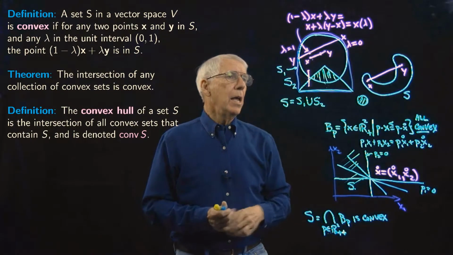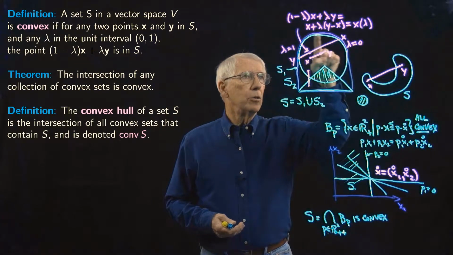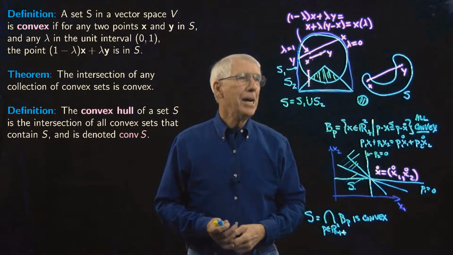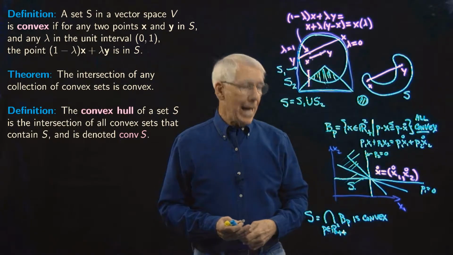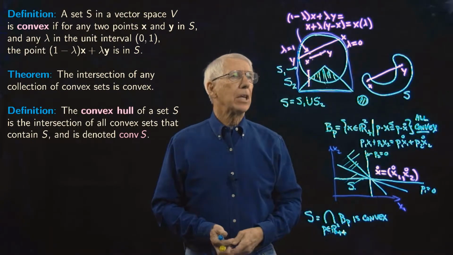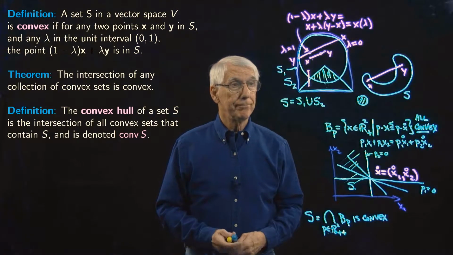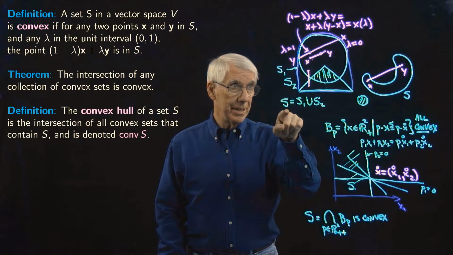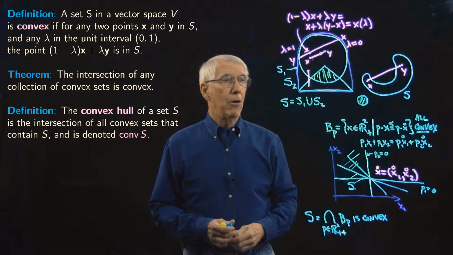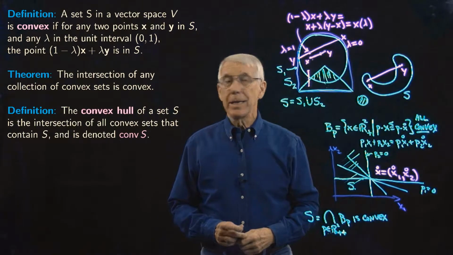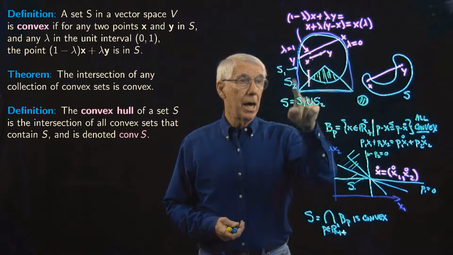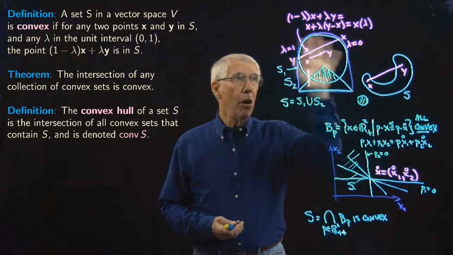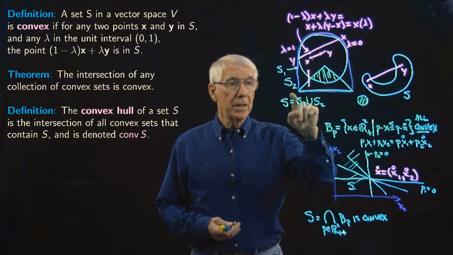Now it's the set whose boundary is this sort of bluish grayish line here, okay? That is, clearly it's a convex set, and it is a set that contains S, and I will maintain that that is the convex hull of the set S. It is the intersection of all convex sets that contain S.